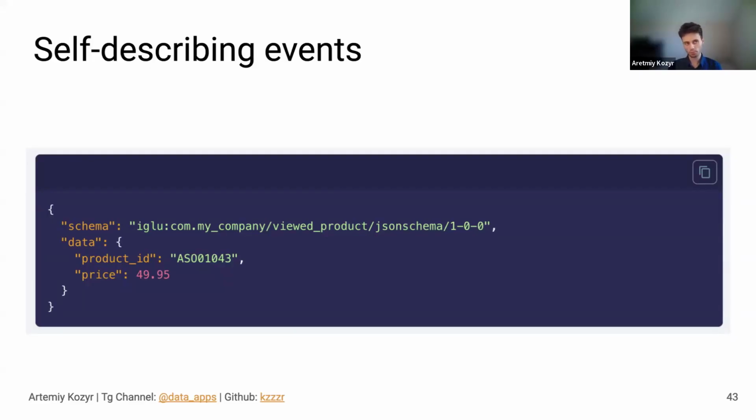There's an example of a pretty easy and simple self-describing event about a viewed product. There's a product ID and product price. That's it. And that's what the event payload looks like. There's a schema and there's data. And there's a JSON message. Pretty simple.